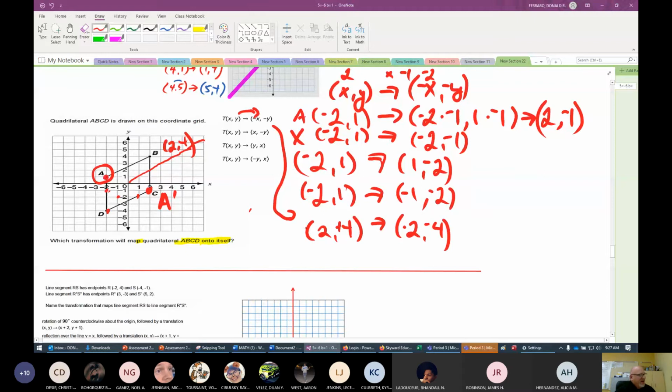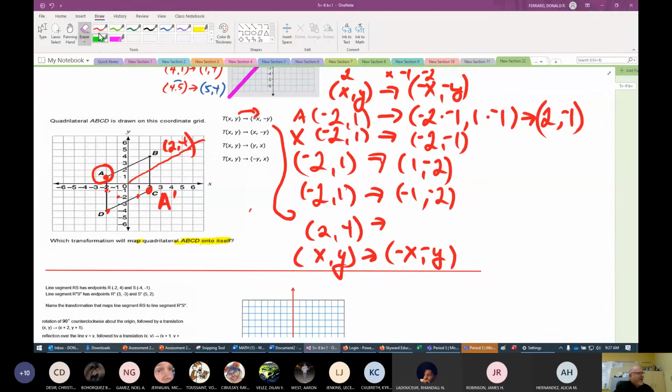And then I did the same thing down here for B. So point B, the coordinates were 2 comma 4. If I was going to convert that to negative x, negative y, going from x comma y to negative x comma negative y, I have to multiply by -1. So I'll expand this math for you.